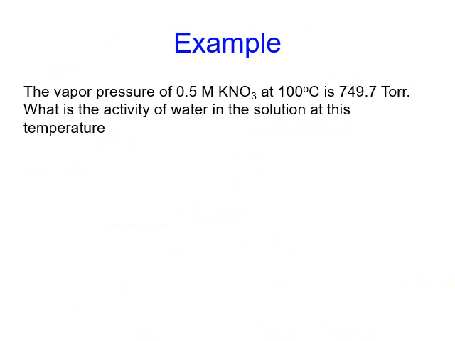Sample question. The vapor pressure of 0.5 molar potassium nitrate at 100 degrees is 749.7 torr. What's the activity of water at this temperature? So activity is the partial pressure divided by the vapor pressure when it's pure.